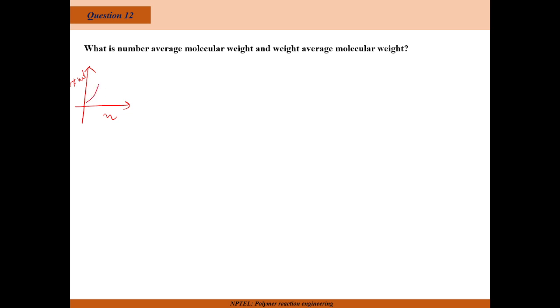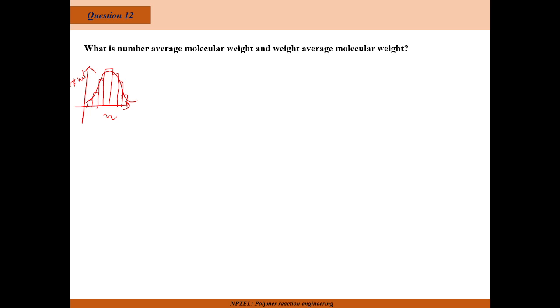Suppose we are getting a plot like this, a particular distribution like this. We can group it into different bins.